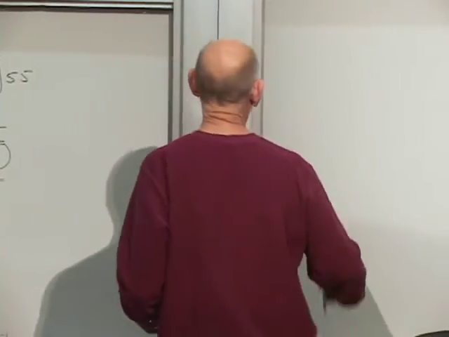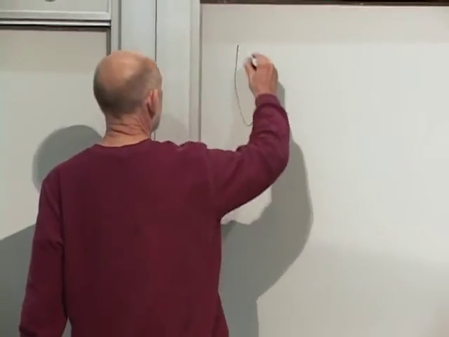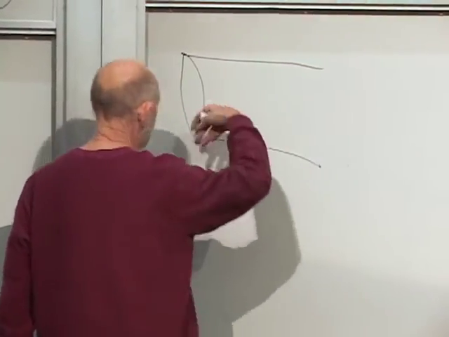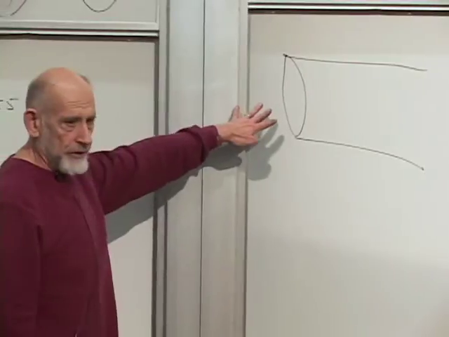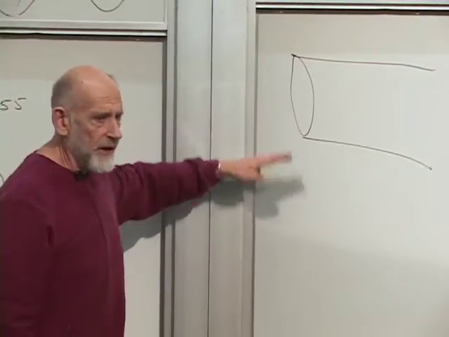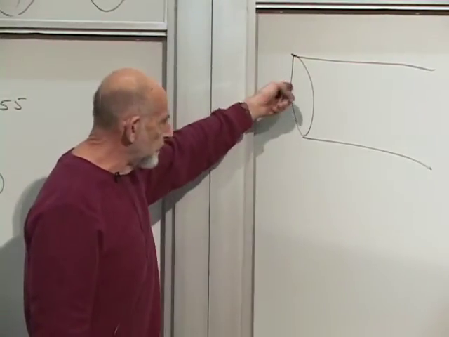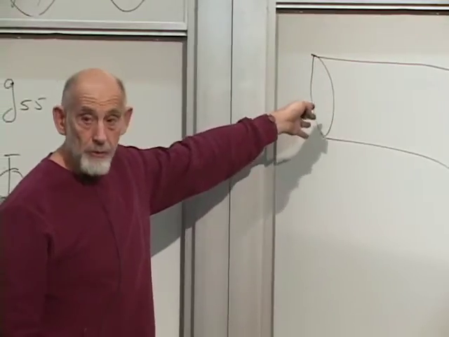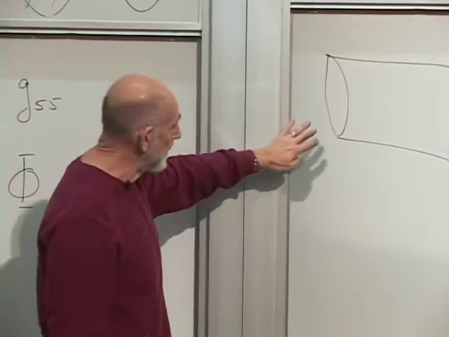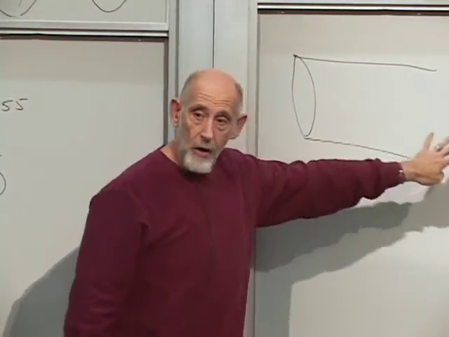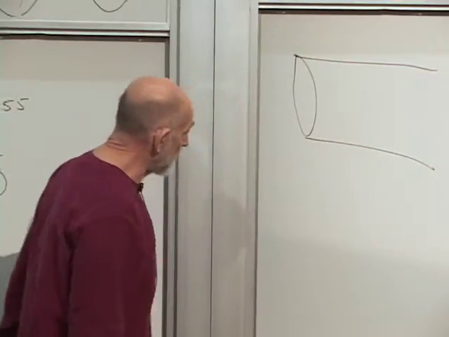Open strings, what's the winding number of an open string? Open strings don't have stable winding numbers. If you have an open string on a compact space, now this picture is sort of shorthand for all of the compact directions, of which there are presumably 6 in superstring theory, and all of the open uncompact directions.